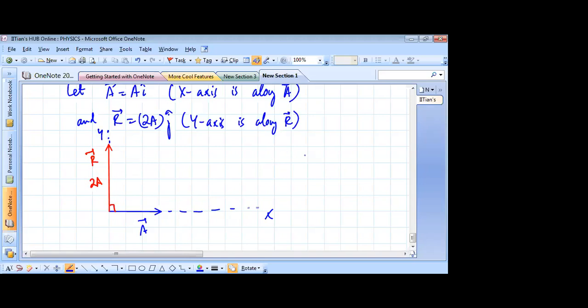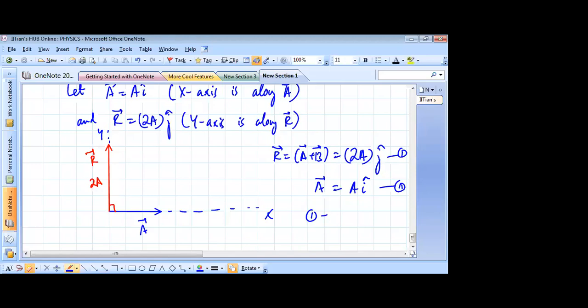Then what is happening? I have a resultant which is equal to A plus B is equal to 2A j cap, and vector A was A i. So now if I subtract these two equations, I'll get the vector B. So equation 1 minus equation 2 will give me the unknown vector B.